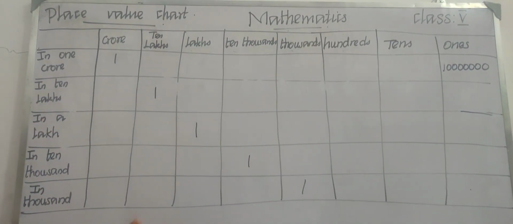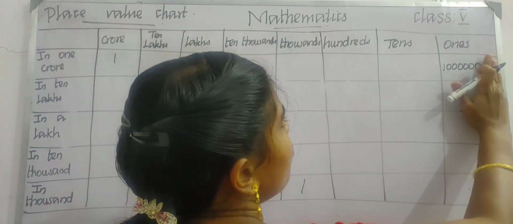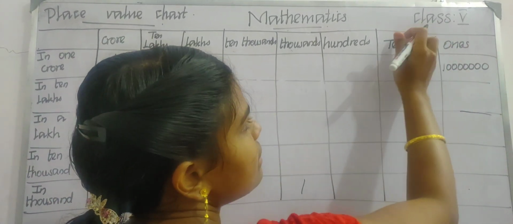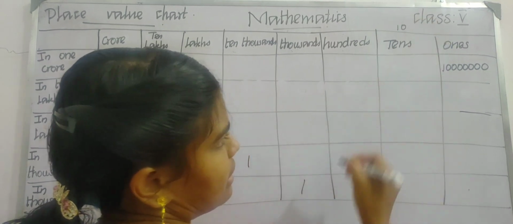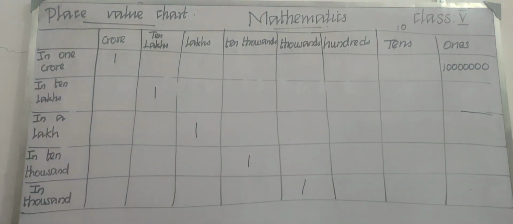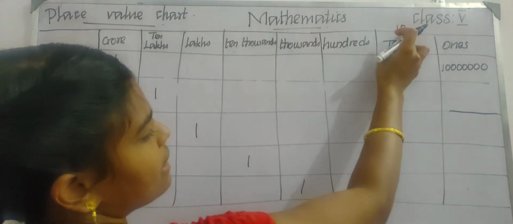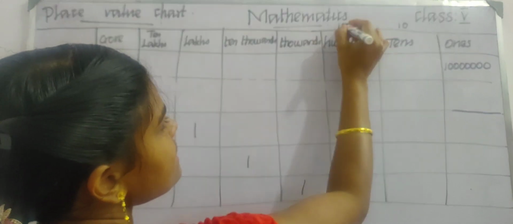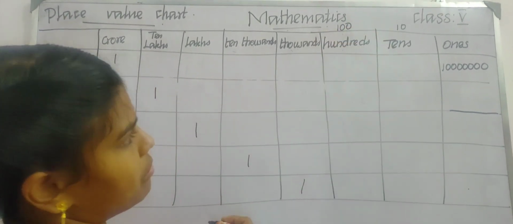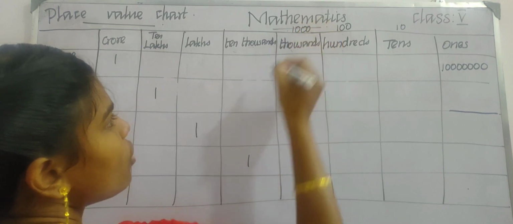For tens we need to leave 1 digit and write here. Tens means 10, so we just need to leave that. Tens means it is the smallest 2-digit number. Hundreds is the smallest 3-digit number. Thousands is the smallest 4-digit number.